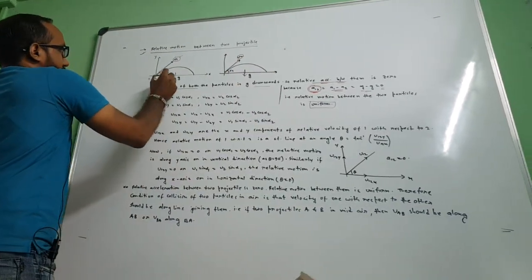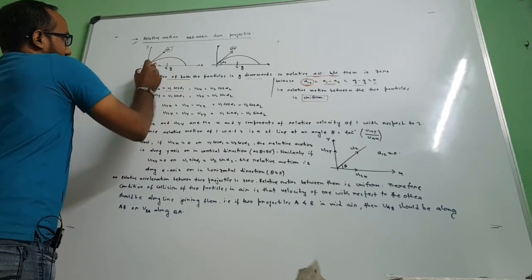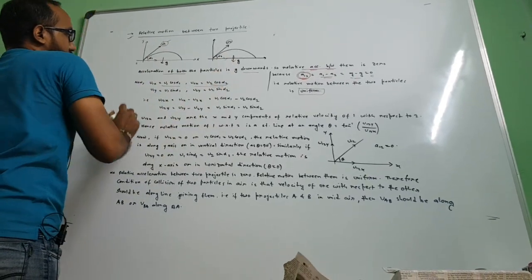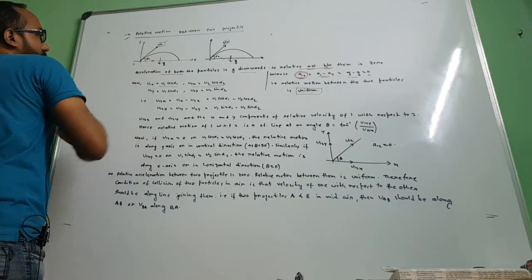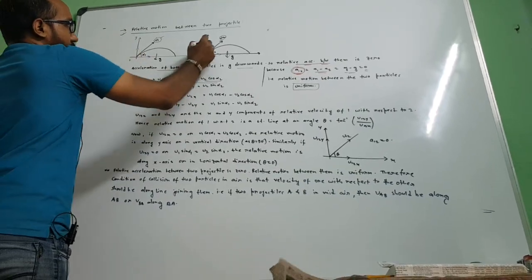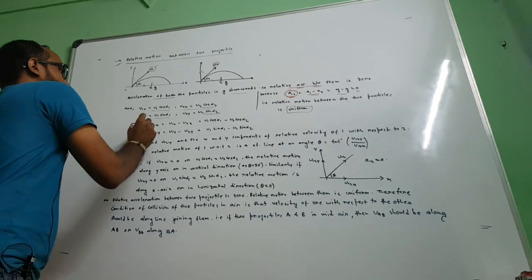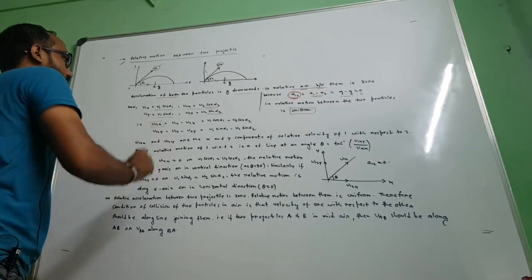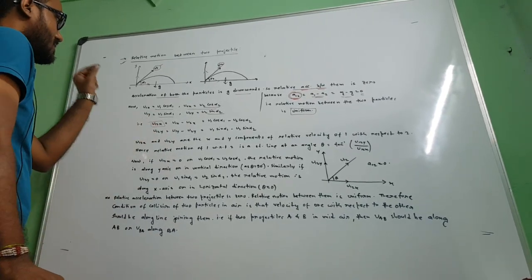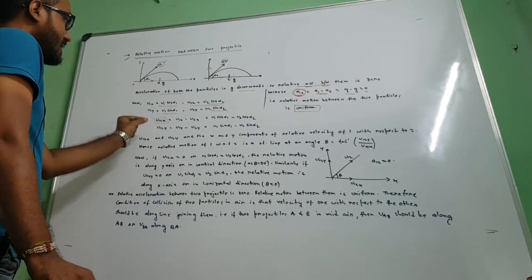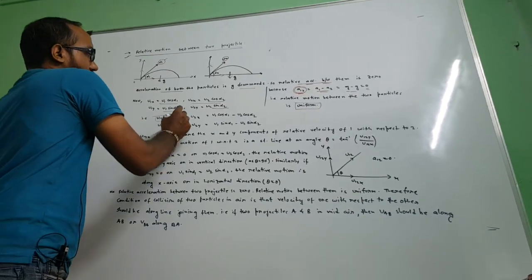From here we can say that u1x is u1 cos alpha 1, u2x would be u2 cos alpha 2, u1y would be u1 sin alpha 1, and u2y would be u2 sin alpha 2. Now what would be u12x? What do you mean by u12x? u12x is relative velocity of 1 with respect to 2 in x-axis or in horizontal direction.